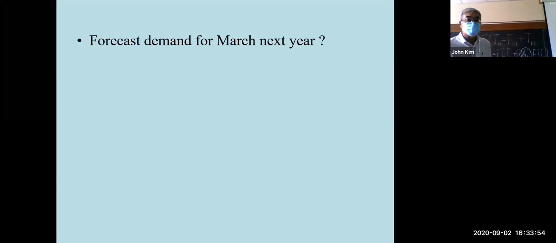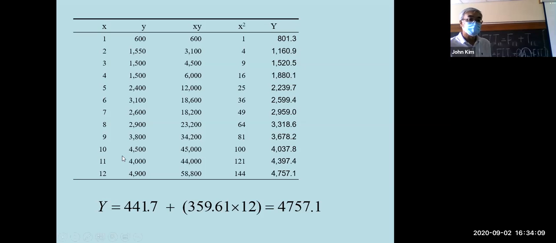And then forecast demand for March next year. Because the x variable is time series data, next year's x variable is like this. This year's January is 1, February 2, December 12.